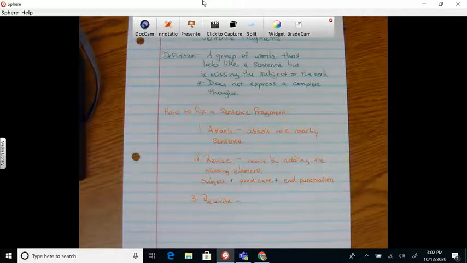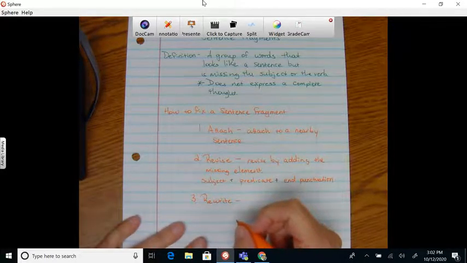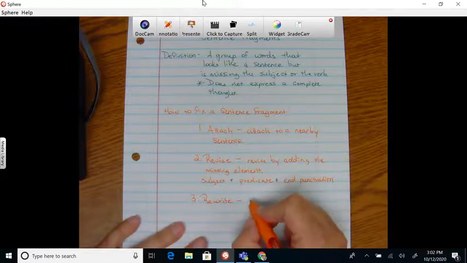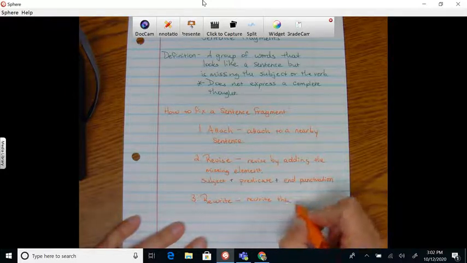I can't attach it to something afterwards because it's just this random collection of words in the middle of my page. Yeah, I don't know. So we're going to rewrite the entire passage that contains the fragment, right? That is our next choice. And that means that I'm trying to figure out how to incorporate all of the ideas together.